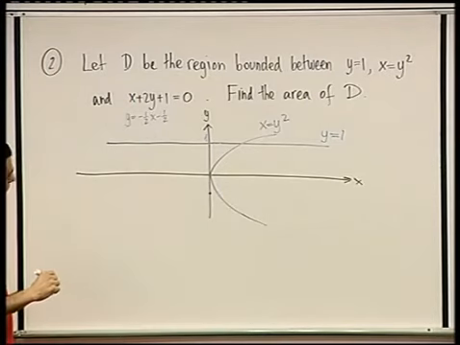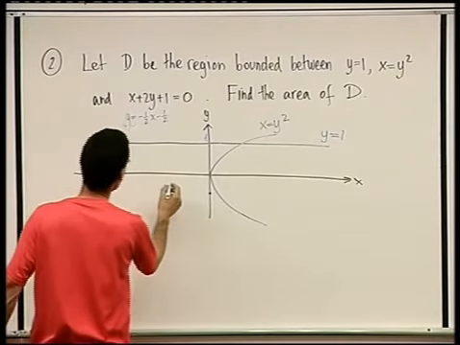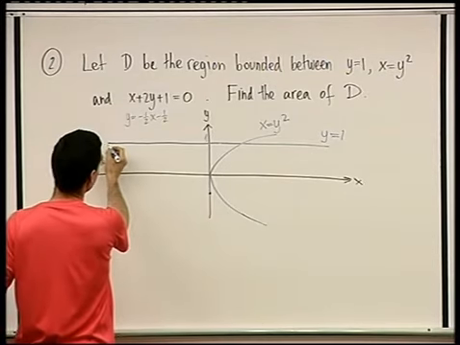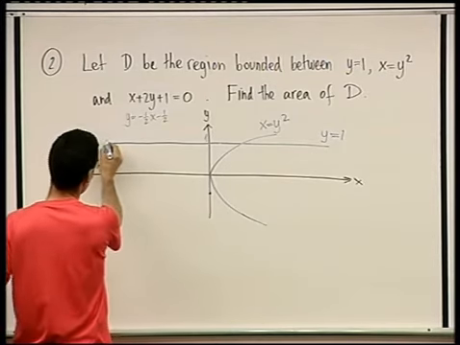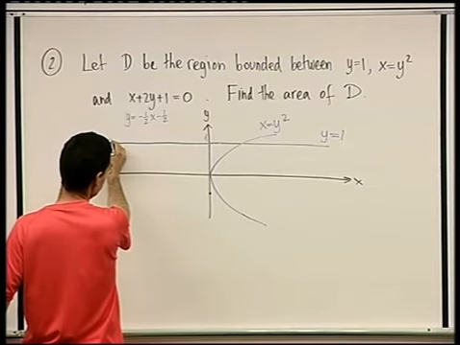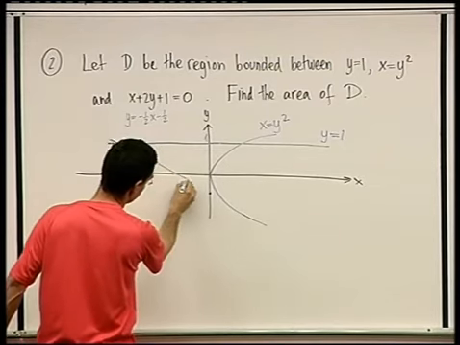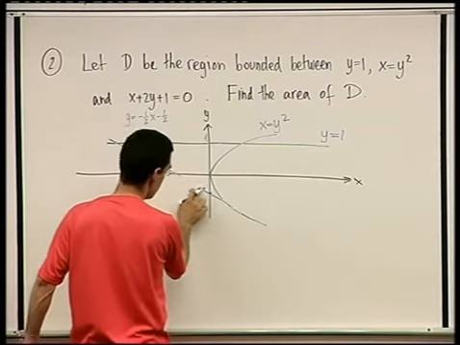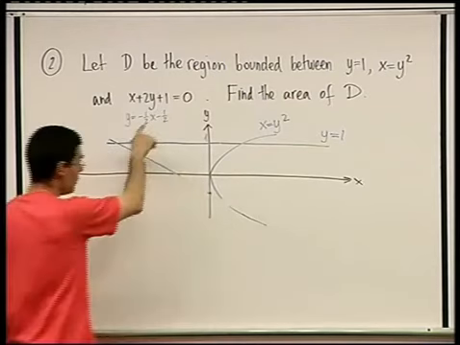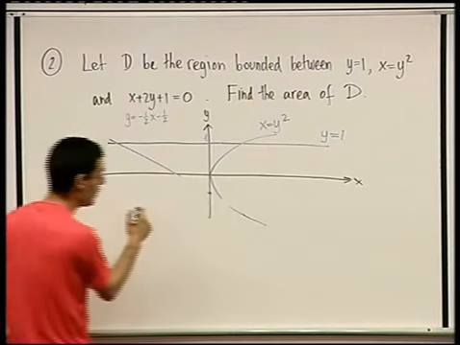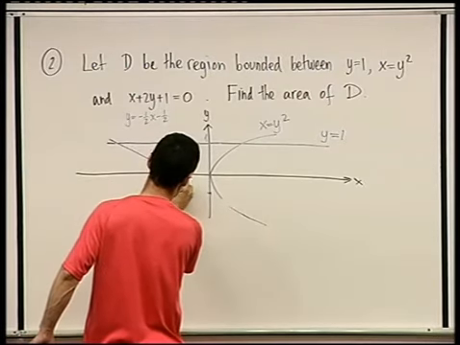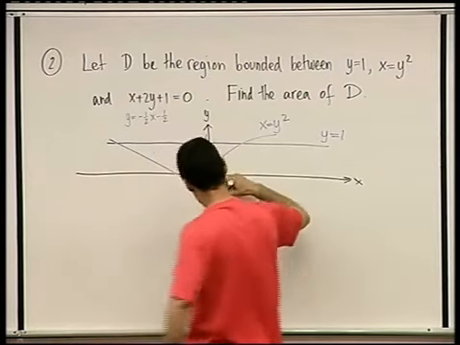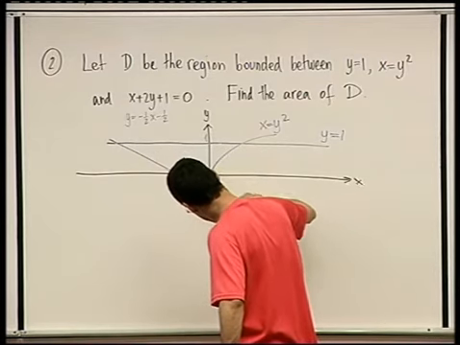So minus 1/2 is going to be here, and slope minus 1/2, so it's going to look something like this. This is the graph of a straight line, so I'm going to make another effort to make it straight. Okay, that's somewhat better.